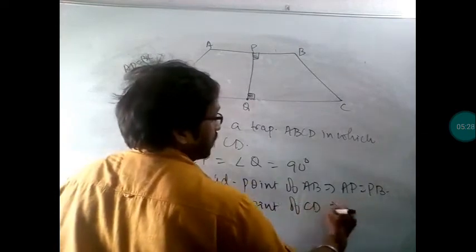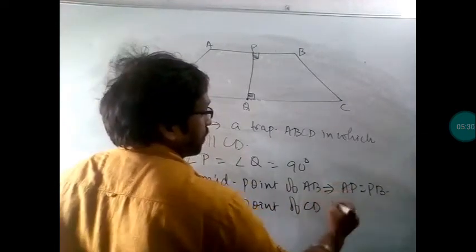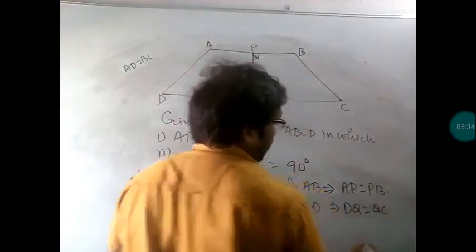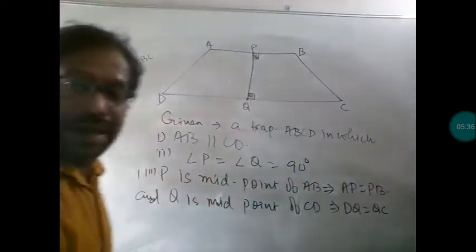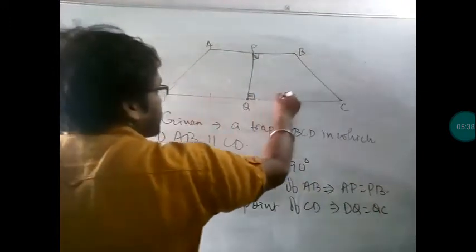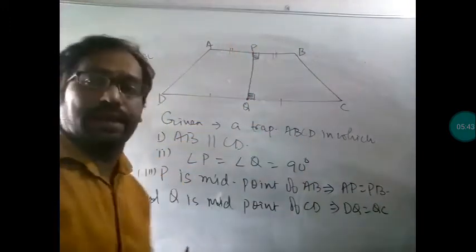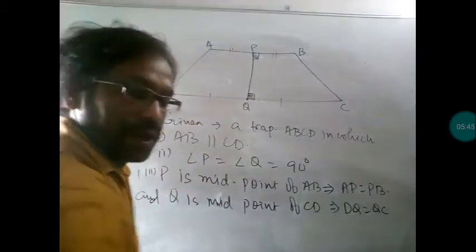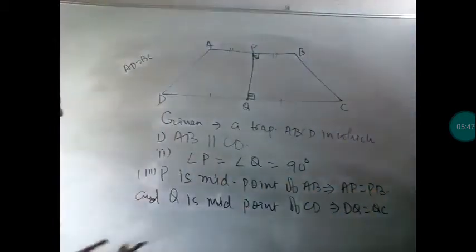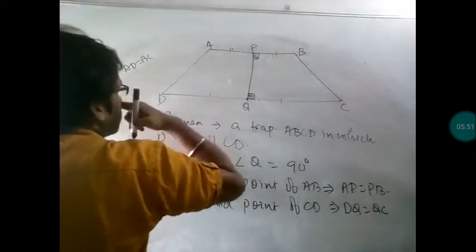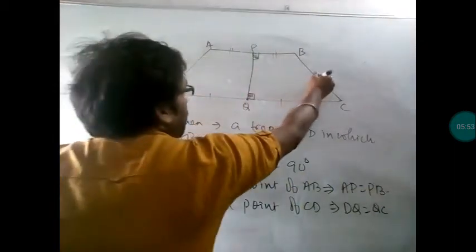So this information I have collected, and I will use it while solving the question. First of all, let me label what has been given. I have labeled it now, and now we have to prove AD is equal to BC.